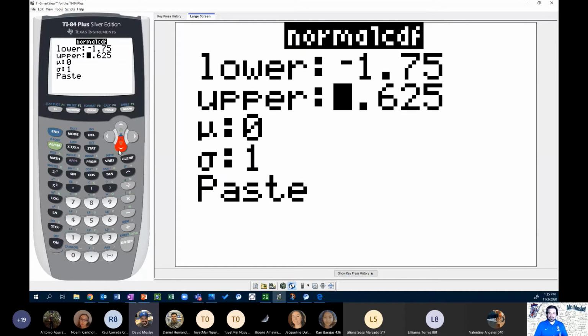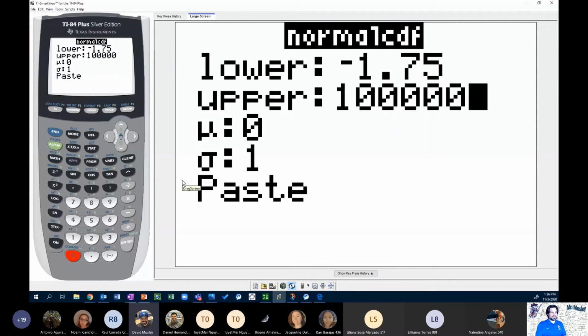And because I technically don't have an upper bound, I'm just going to put in a number that's unreasonably large to make sure I cover everything. 100,000, it's plenty large. I'm not going to ever get any values that big, but it makes sure that I don't cut off any values.